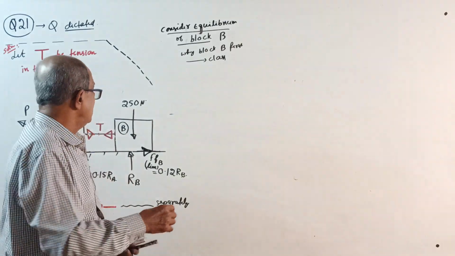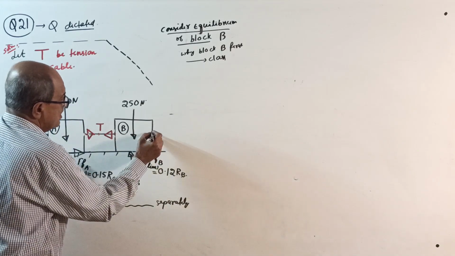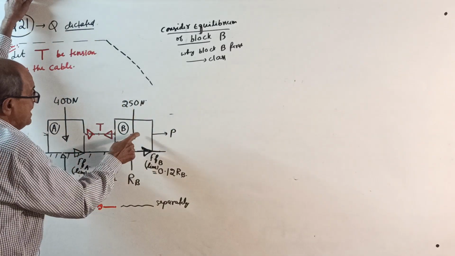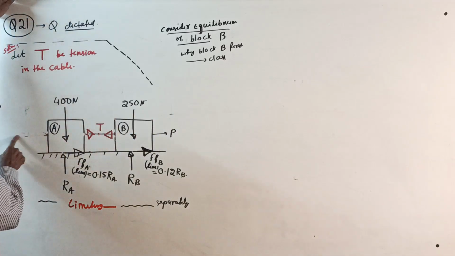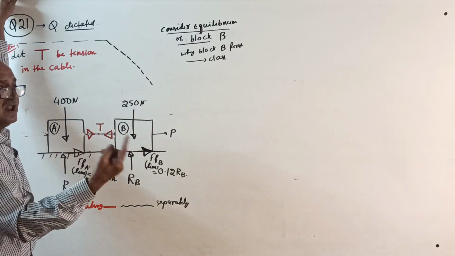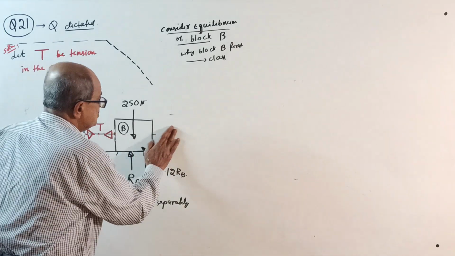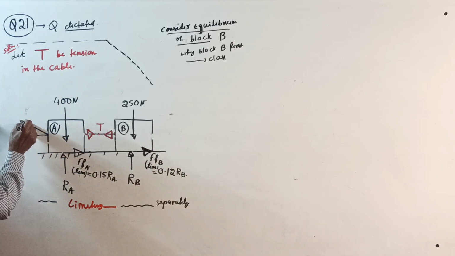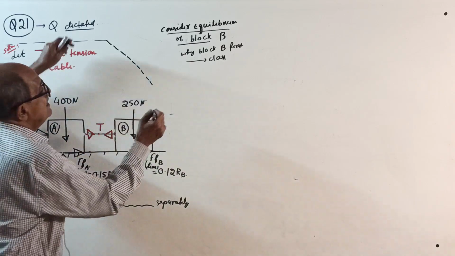In the last class question, if I took block B, P, RB and T were three unknowns, while for block A only RA and T. So last class I first considered equilibrium of block A, then block B. This class I am first considering equilibrium of block B, then block A. Start.